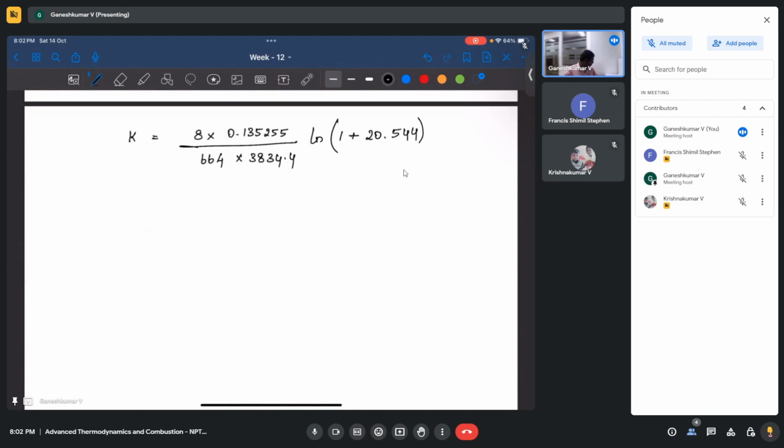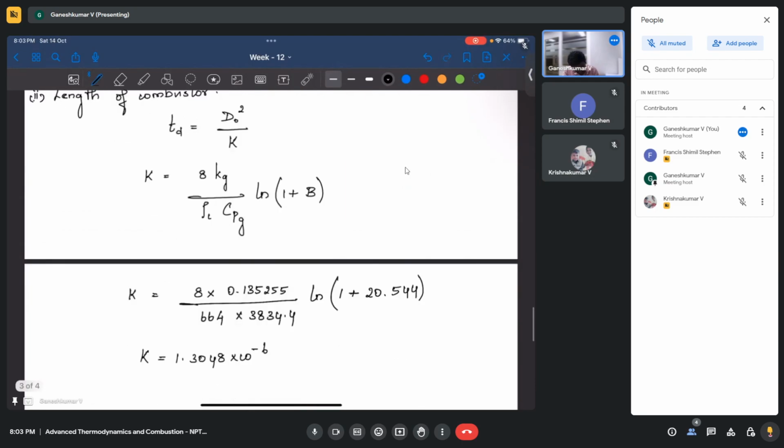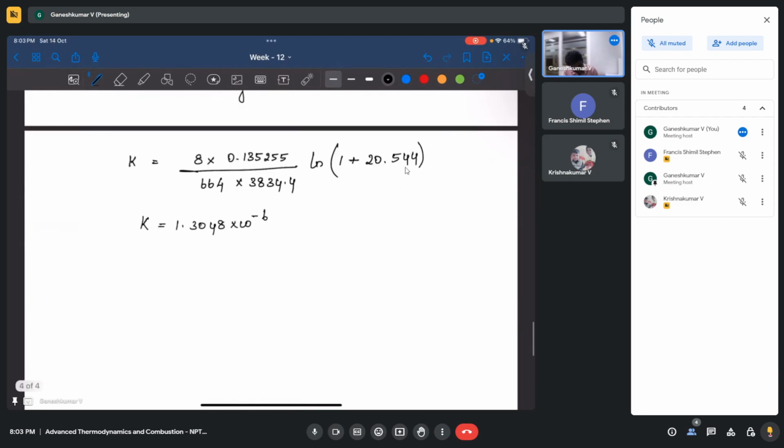The evaporation constant is around 1.3048 times 10 power minus 6. So this is the evaporation constant we have. Basically, I think it will be in meter square per second.